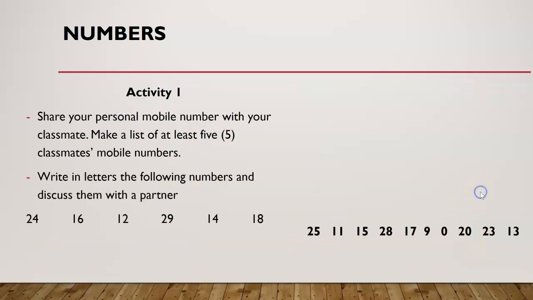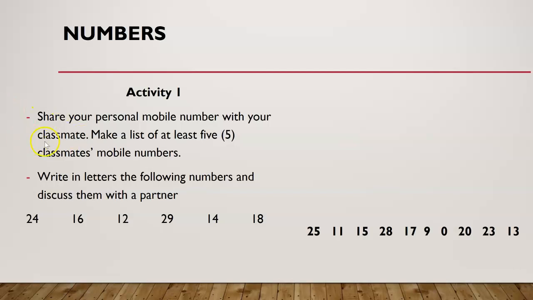Now, let's do this. These are the activities for you. Okay? Activity 1, they say share your personal mobile number with your classmates. Make a list of at least 5 classmates' mobile phone numbers. So you share yours with at least 5 people and you ask 5 people to share with you.